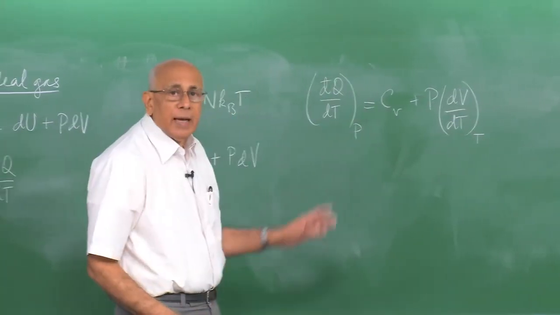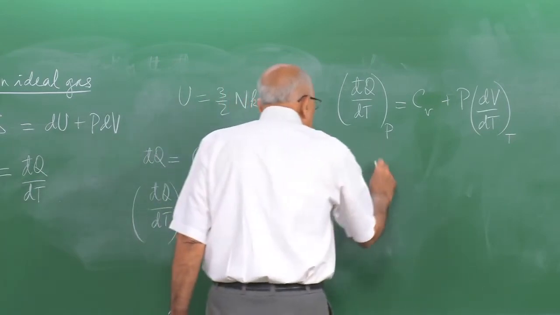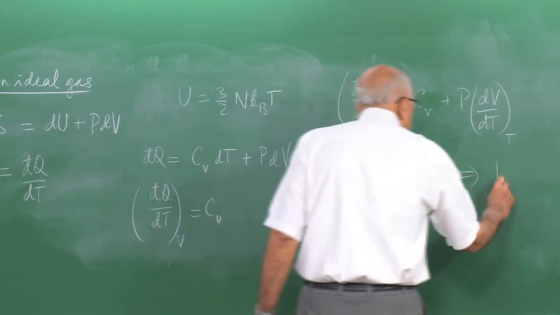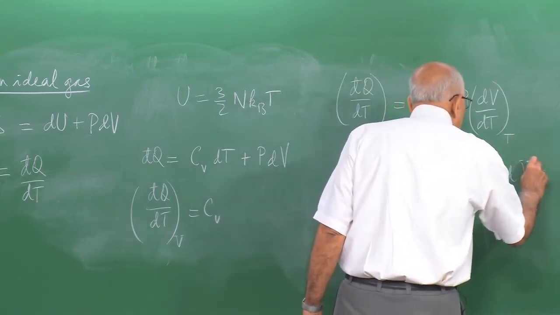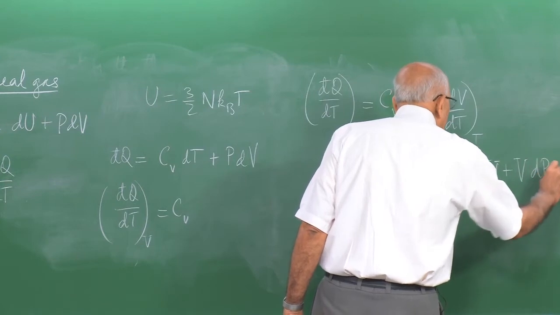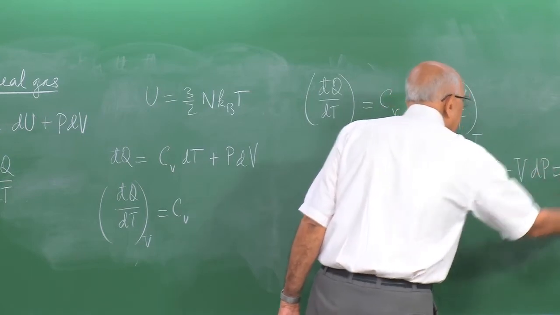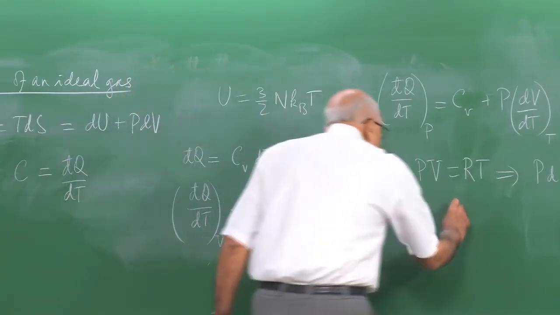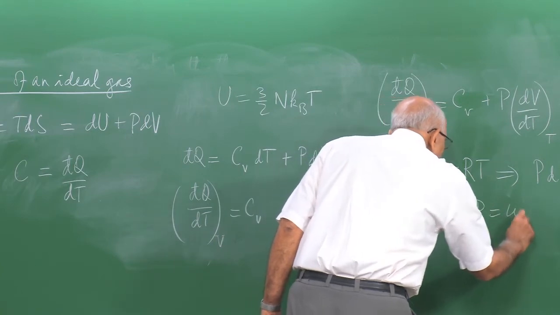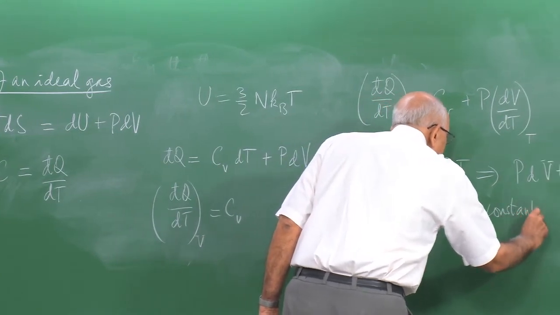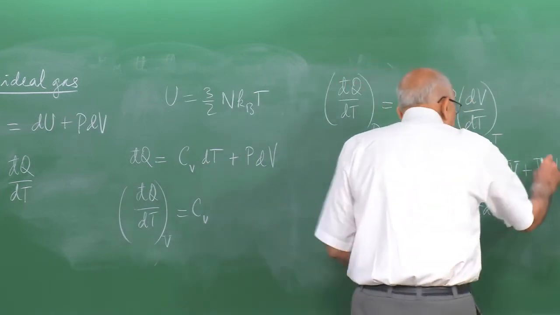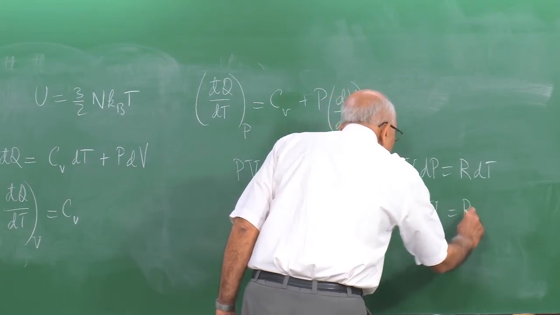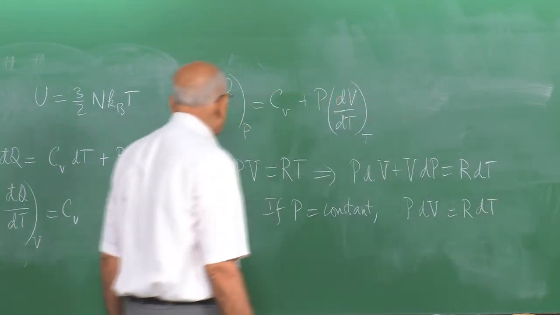On the other hand, for an ideal gas and 1 mole of it, as we have been looking at here, we have Pv equal to RT, which implies PdV plus VdP equal to RdT. At constant pressure, if P equals constant, then this term goes away and it says P dV equals R dT here.